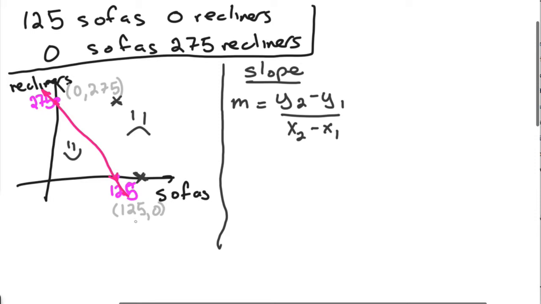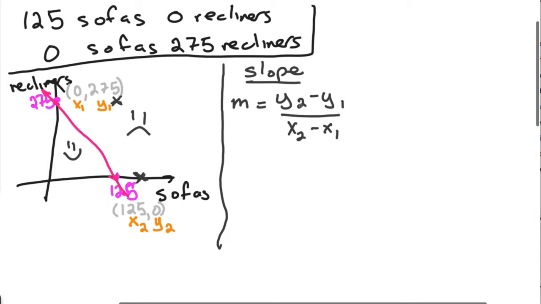Let's label this one x1, y1, and the second point x2, y2.